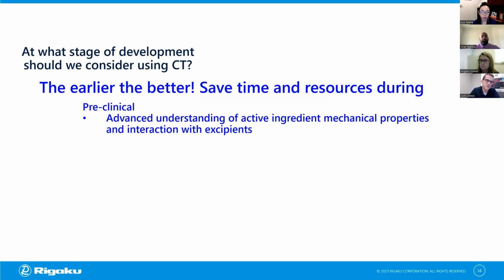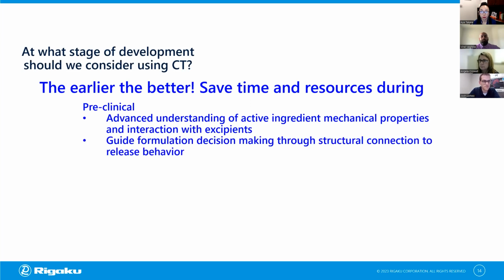This helps us understand, as we're granulating materials, tableting and compacting them together, how they are interacting with the active ingredient. That's a really key fundamental property to understand the physicochemical properties of that active ingredient.